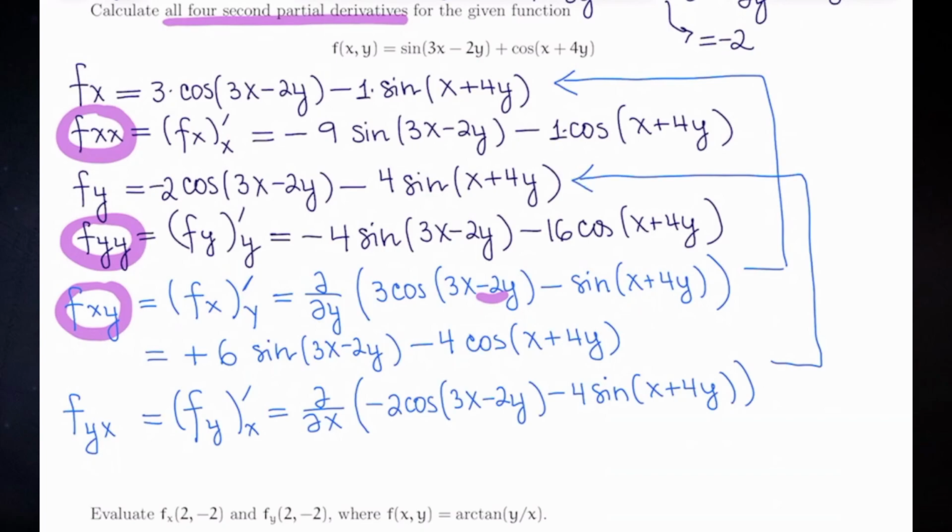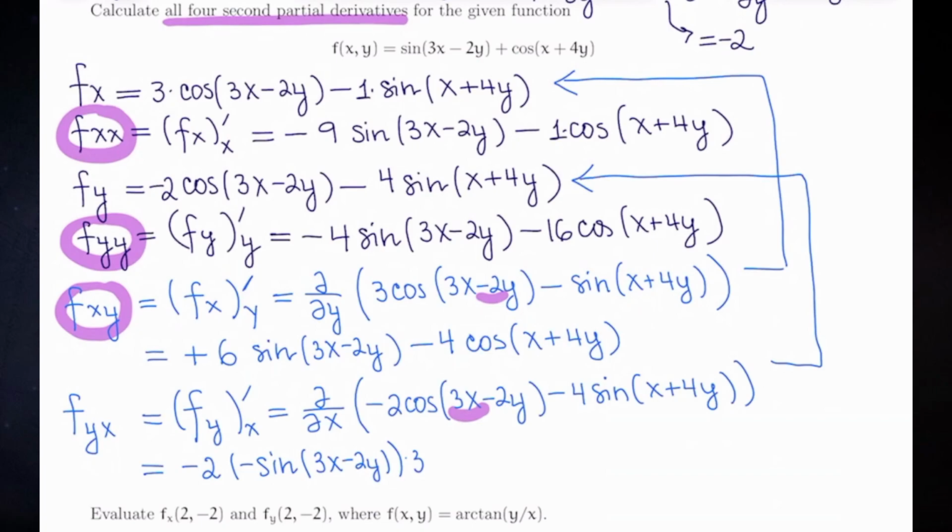All right, let's see what we get. The derivative of cosine is negative sine. So here's my negative 2 times negative sine of 3x minus 2y, times the derivative of the inside with respect to x, and that's 3. So let's write it out here for now.